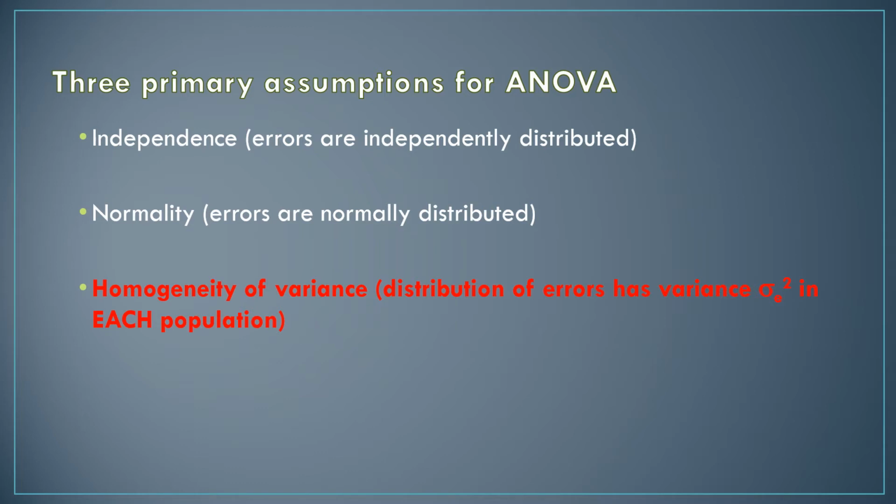And this is a really important assumption. Of these three, this is one that you really need to make sure that you are meeting. And the reason is because the distribution of those errors is really signifying what's happening for each one of your groups.